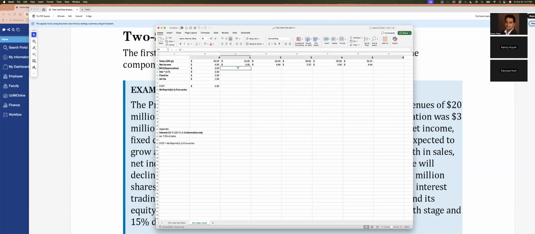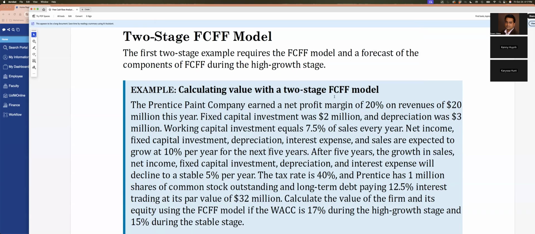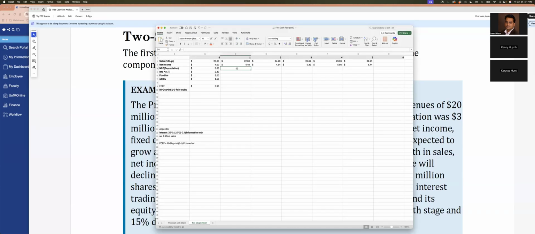Let me put this one. So next one, you said the depreciation also, depreciation, fixed capital. Okay. So depreciation, and it said the fixed capital also.